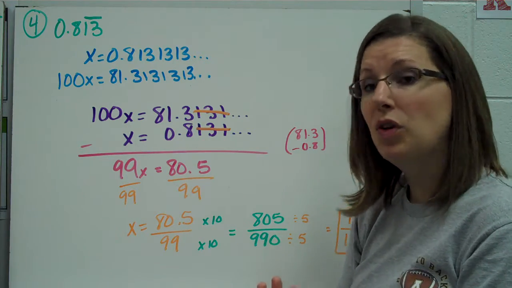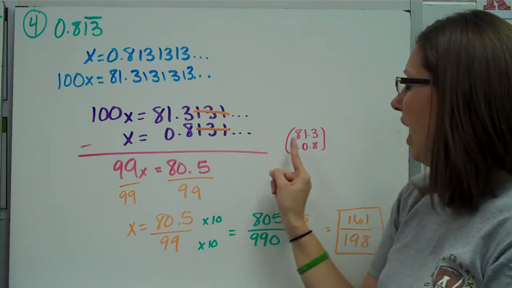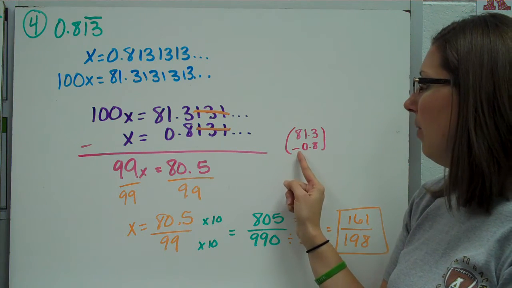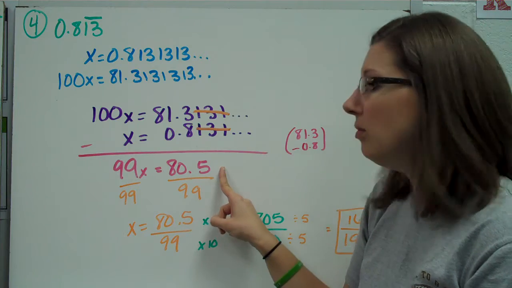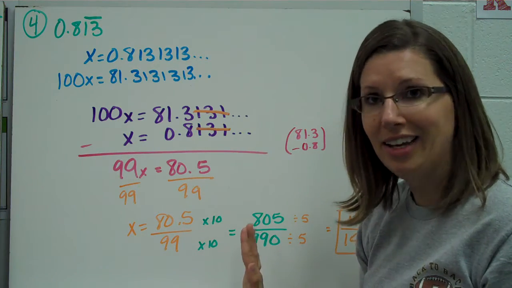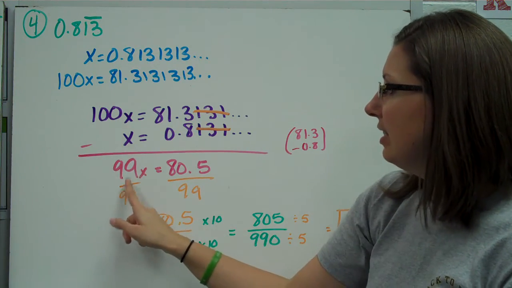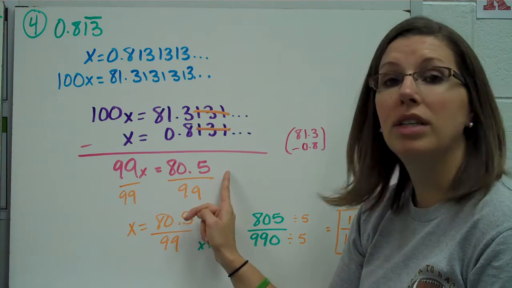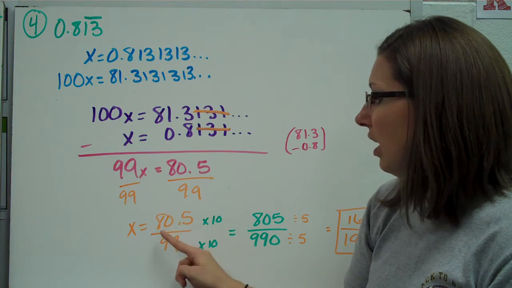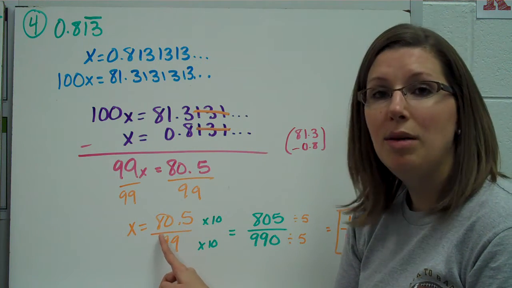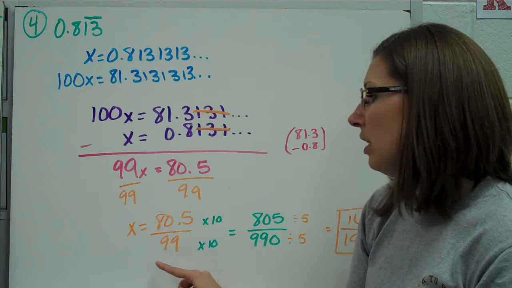That's okay. Don't freak out. We're going to subtract. 81.3 take away 0.8 is 80.5. That's okay. We're still in good standing. So I've got 99x equals 80.5. Use inverse operations to get x by itself. So when you do that, your fraction is 80.5 over 99.